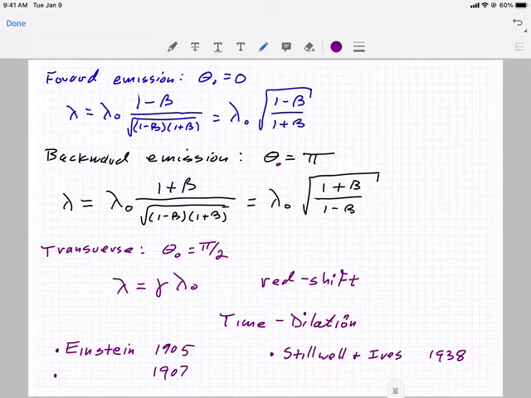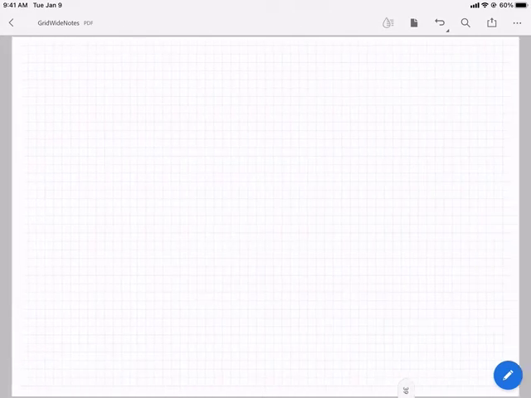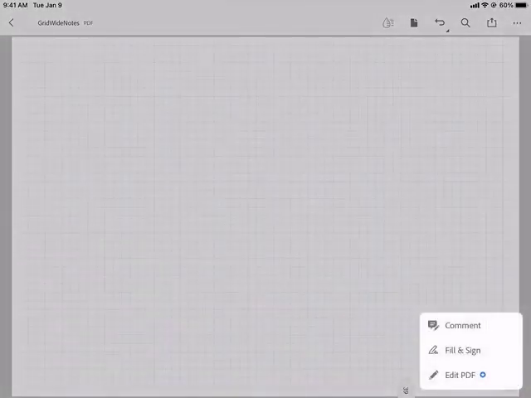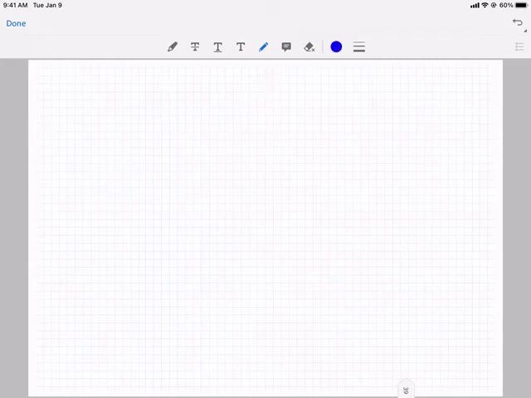All right, so that's the transverse Doppler effect viewed one way. It turns out that there's an alternative, and this alternative is important when you work with problems, let's say, of circular motion.